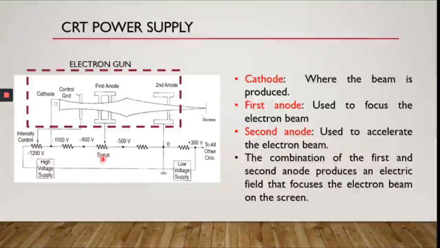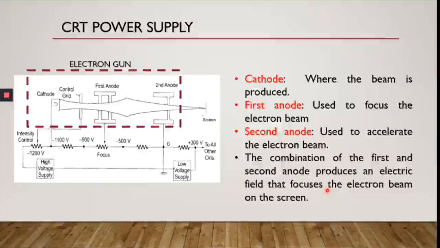And we also have another dial or knob you can adjust to control the focus. And then it's going to pass through the second anode. The second anode is used to accelerate the electron beam, make it hit the screen faster. If it hits the screen faster, then the display is going to be more clear.